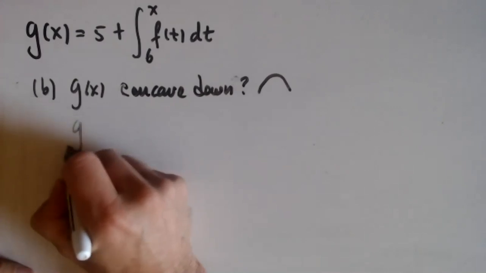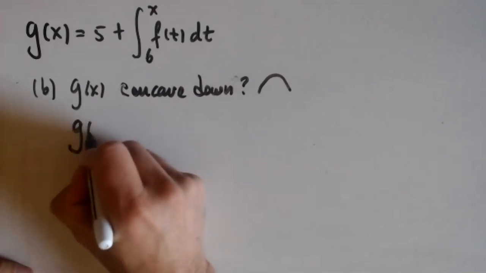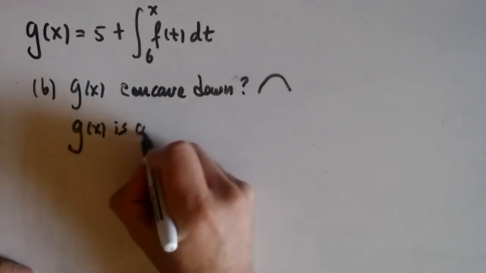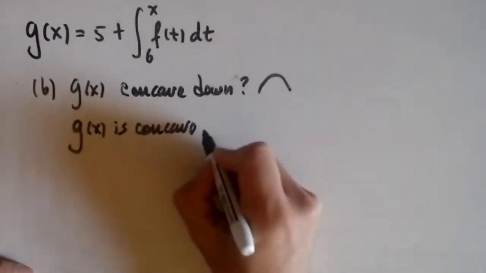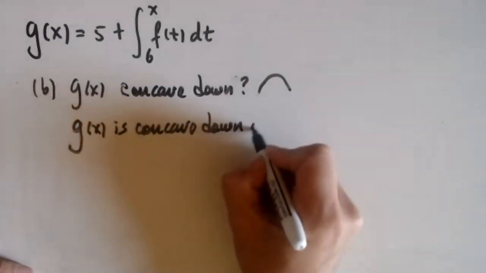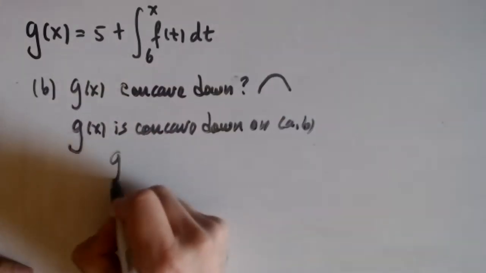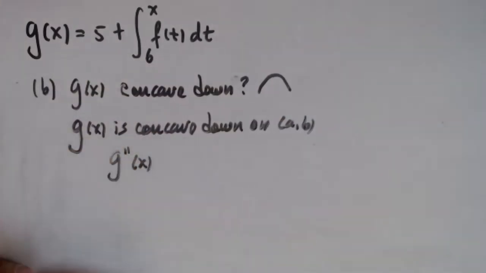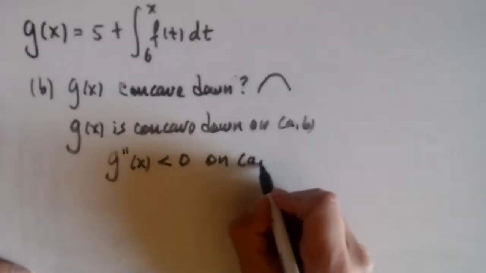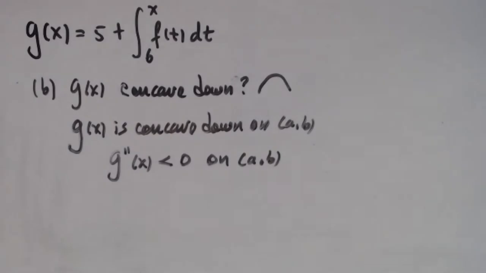So G of X is concave down on AB if what happened? G double prime of X is negative on AB, correct?